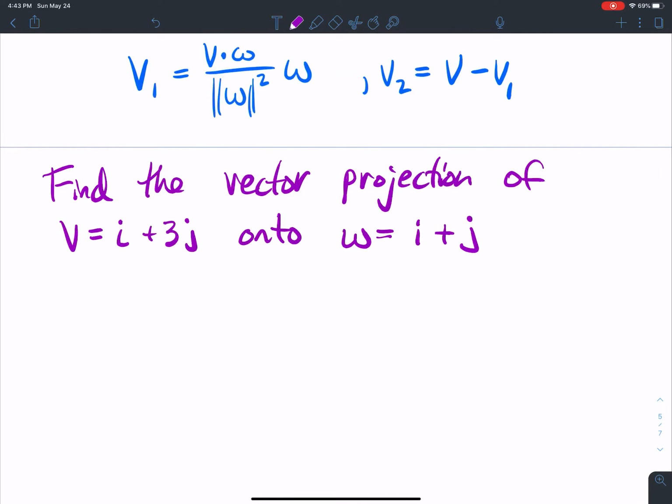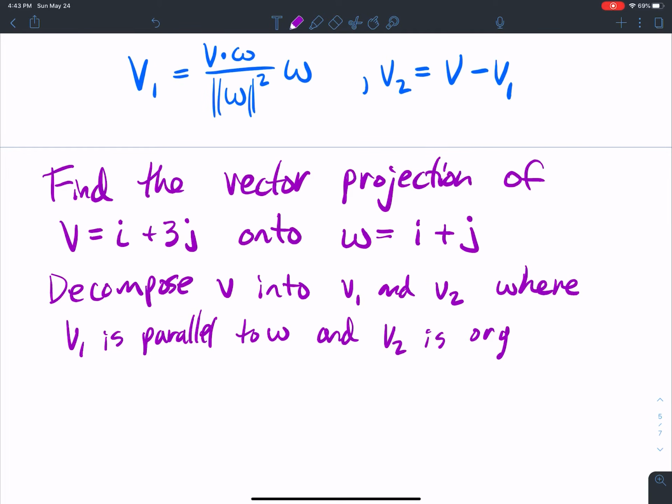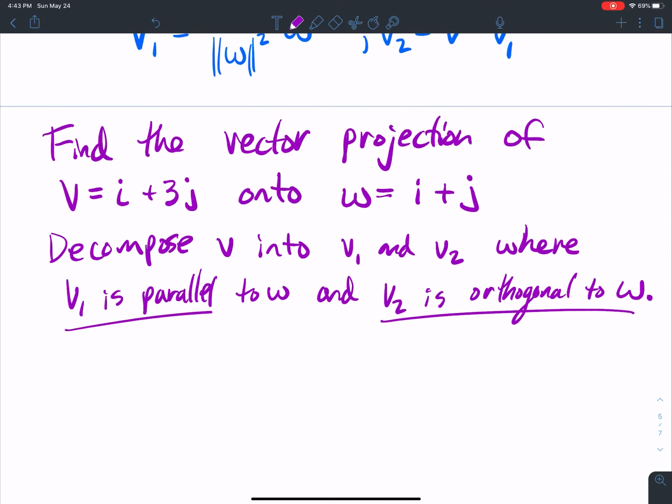I want to decompose V into V1 and V2, where V1 is parallel to W, and V2 is orthogonal to W. Okay? Parallel versus orthogonal.